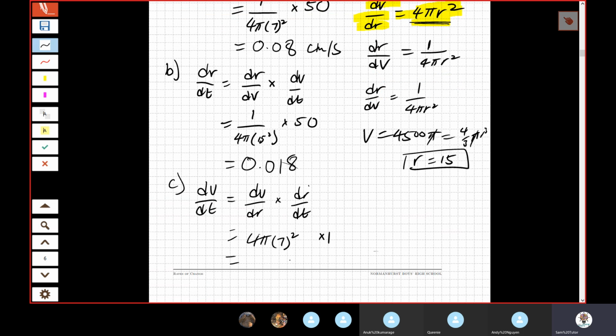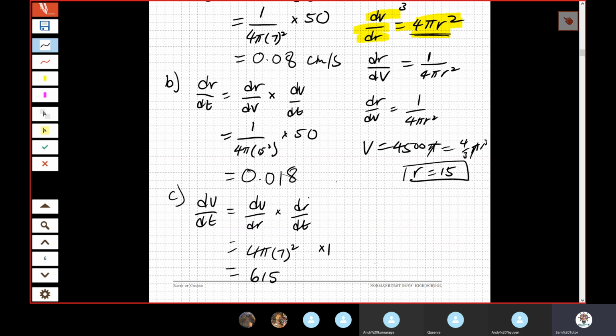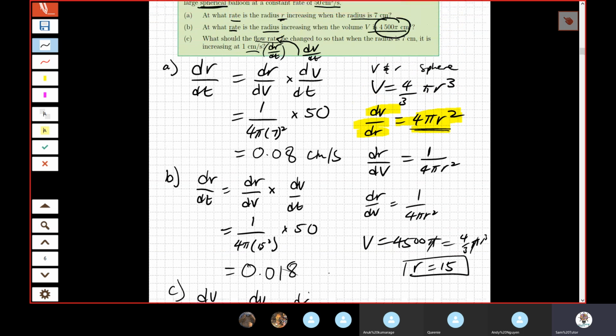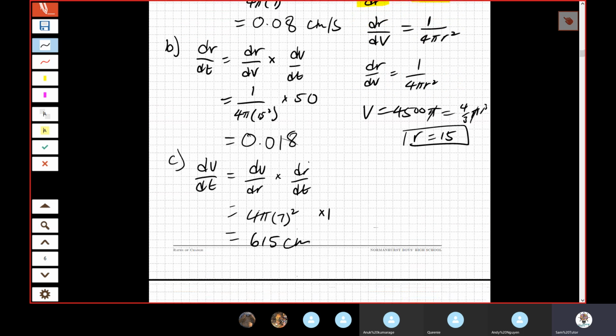That's it. It needs to be changed to 615. Sounds awfully large, but anyways. 615 centimeters cubed per second.